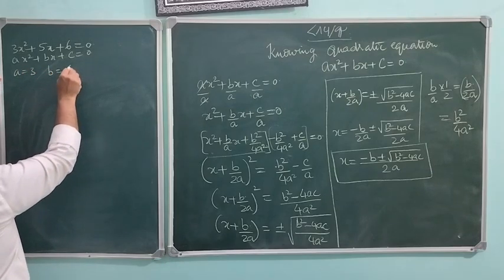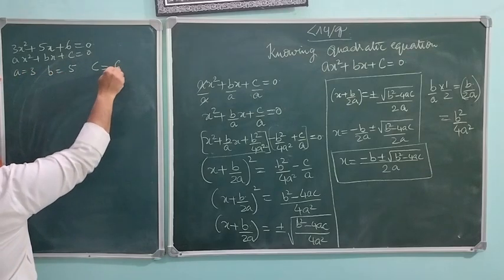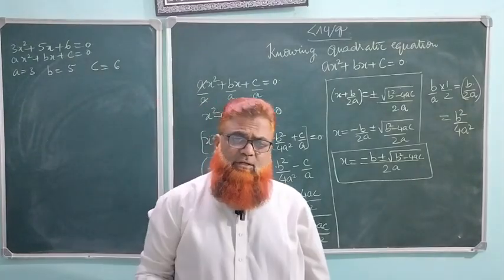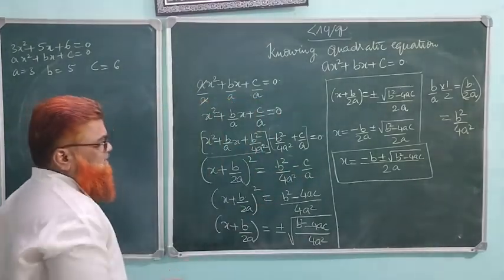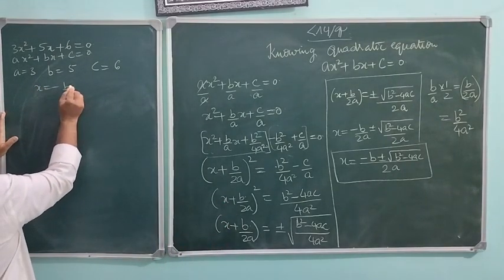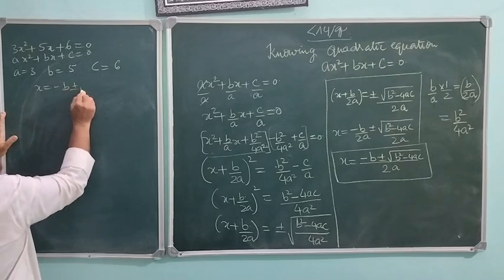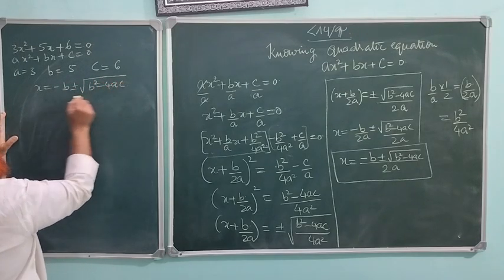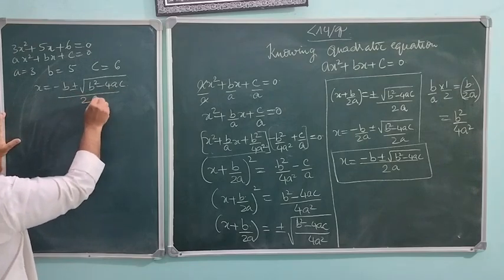What is b? B is equal to plus 5. What is c? C is equal to plus 6. Alright. Then you write the formula. What is x equal to? Minus b plus or minus square root of b square minus 4ac by 2a.